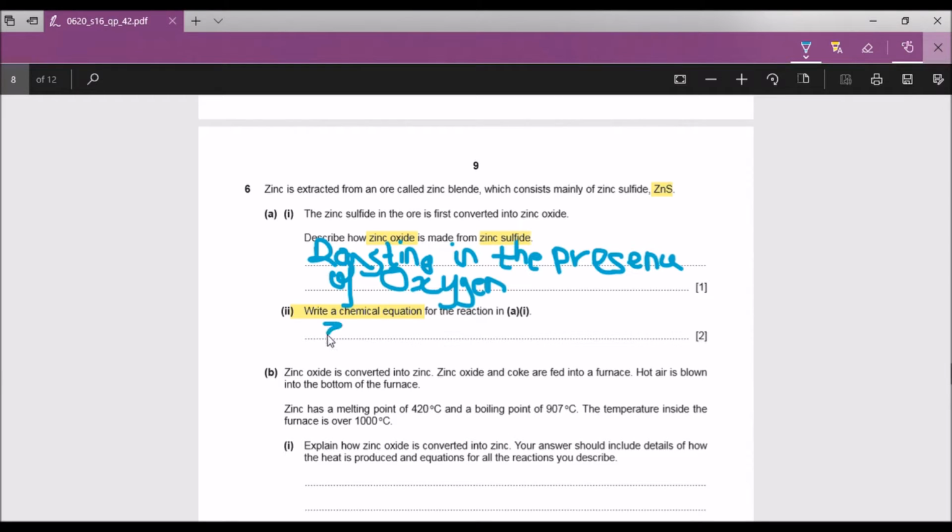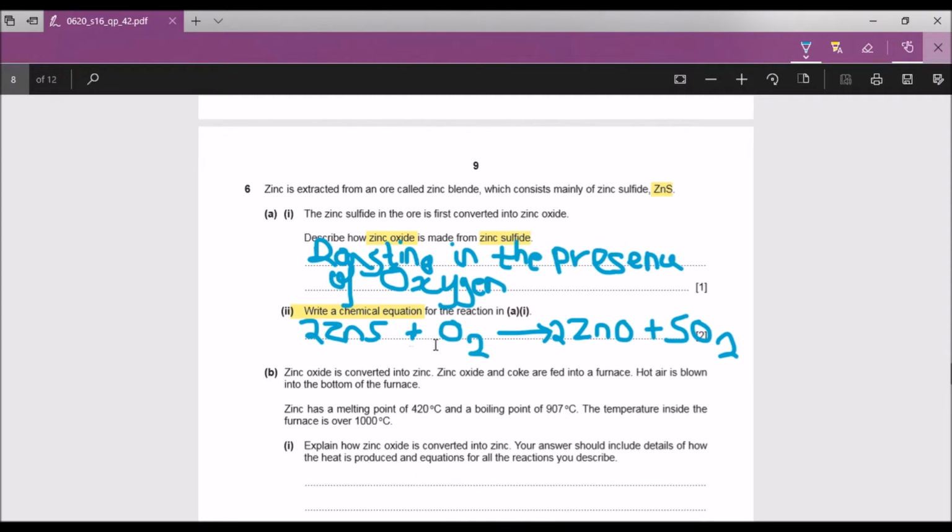So you do ZnS. I do not believe you need a state symbol, so you put O2 and you get ZnO. To balance it, you put a 2 in front of the ZnO. And I forgot the SO2. You get SO2 because of course you have to get the sulfur.